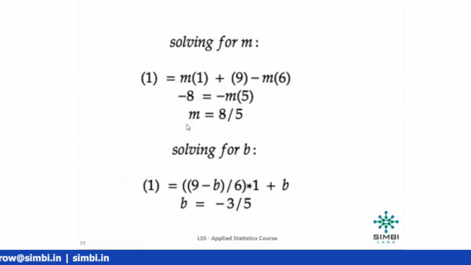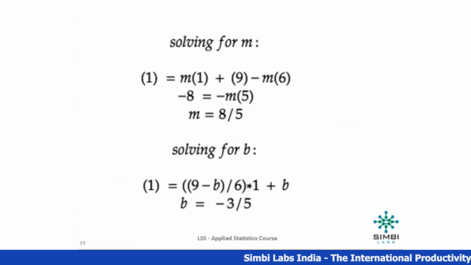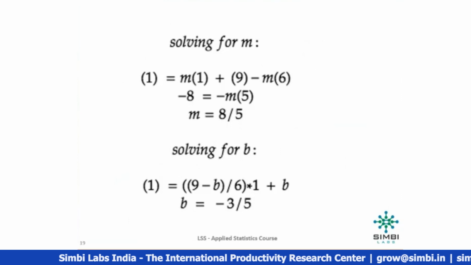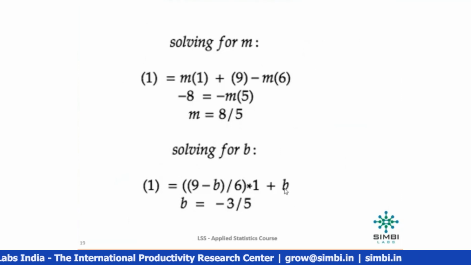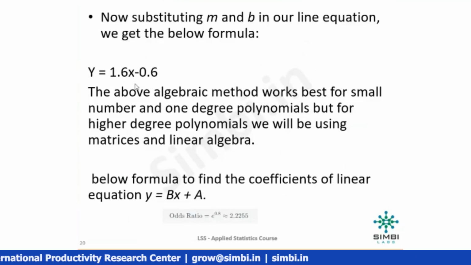So we get m equal to 8 by 5 and b equal to minus 3 by 5. Substituting m and b in our linear equation, we get the formula y equal to 1.6x minus 0.6.